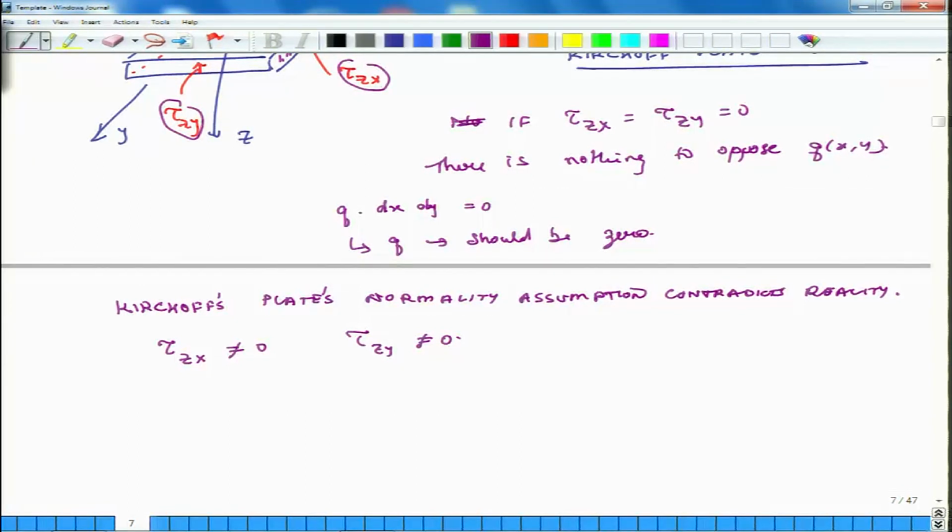So, there is a defect in Kirchhoff's plate theory, okay, and we have identified this defect and now we will correct this defect.